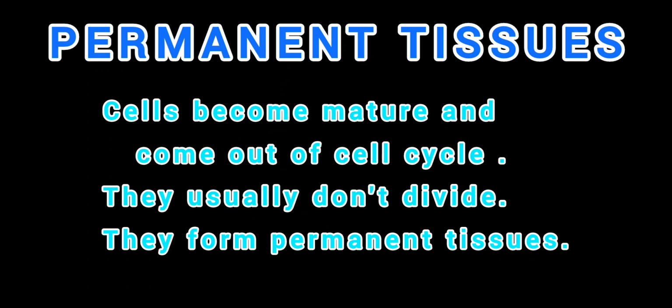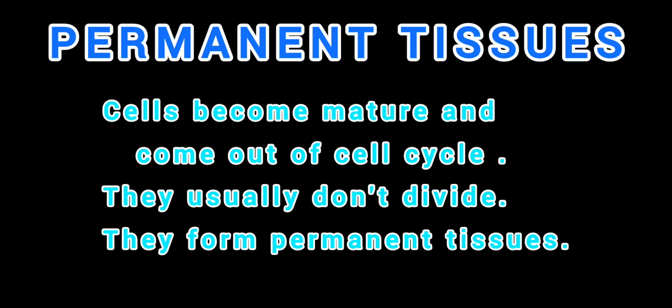The permanent tissues are made up of completely mature cells which have mostly come out of the cell cycle. They usually do not divide and they have a permanent structure as well as a permanent function.